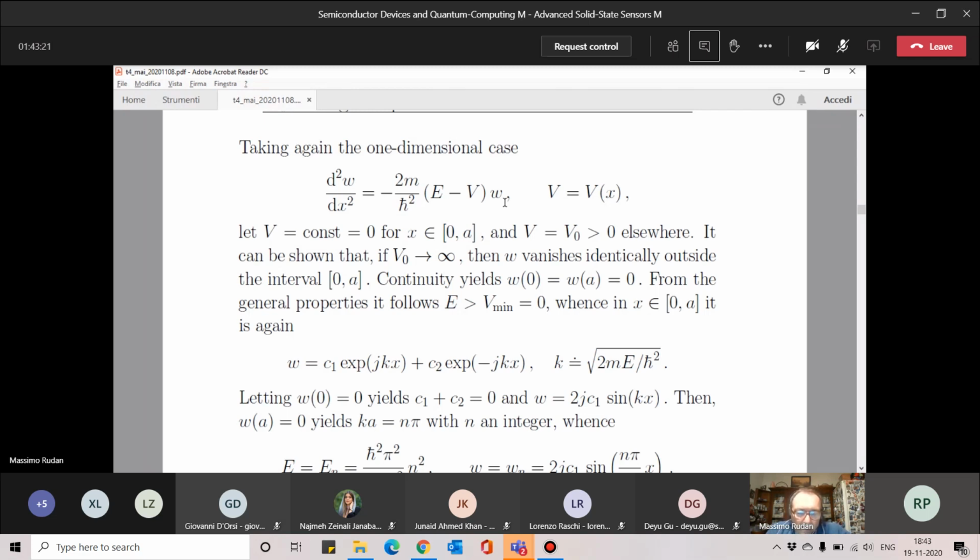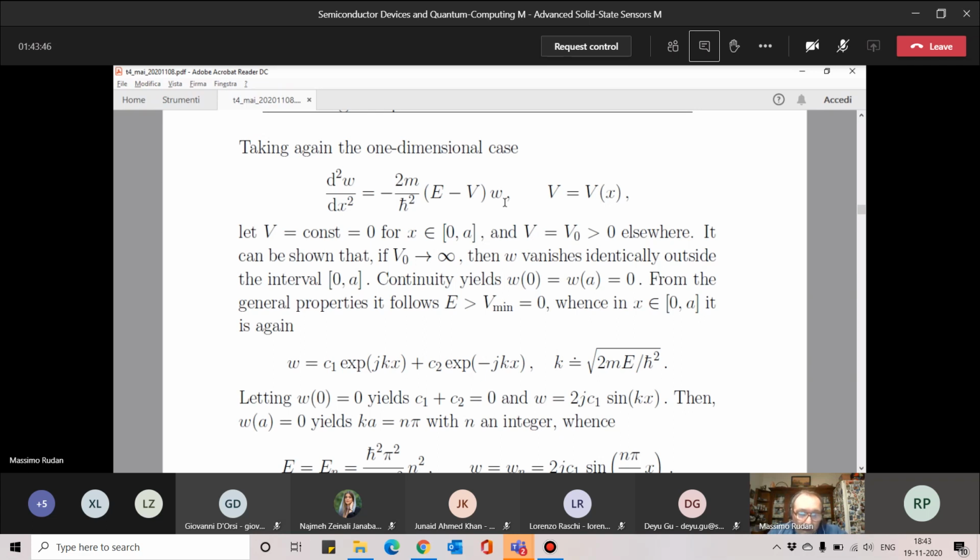So this seems to make the problem identical to the problem of the free particle, because we solve the Schrödinger equation only in the interval in which the potential energy is equal to 0, which corresponds to the case of a free particle.